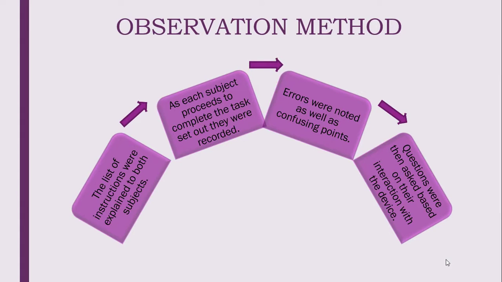The observation method was, I listed all the instructions for both subjects. Each subject proceeded to complete the task set out and was recorded. Errors were noted as well as confusing points. Then questions were asked within the interview about the device that each subject interacted with.